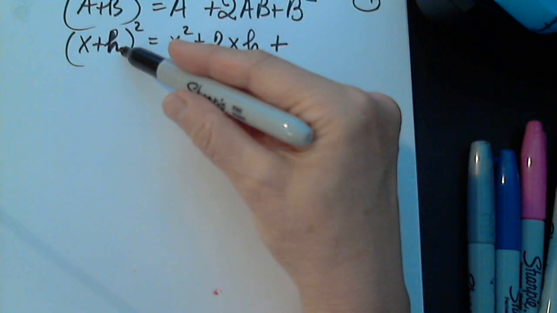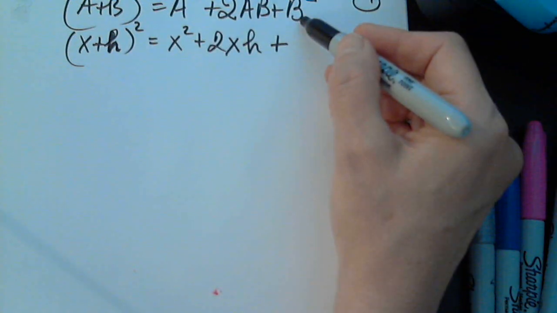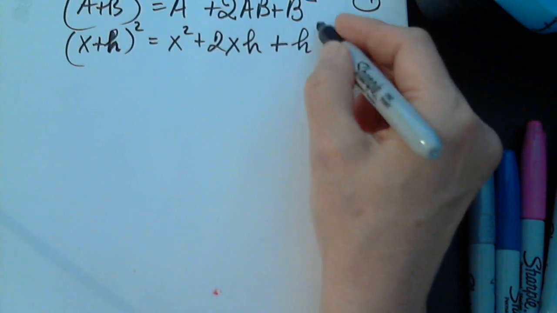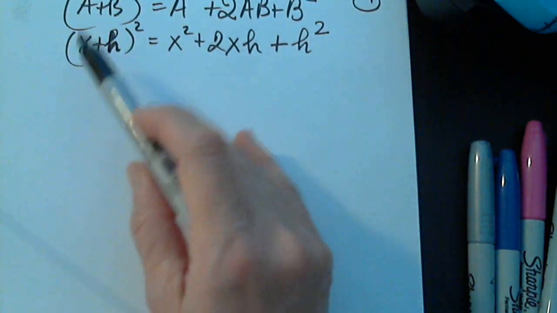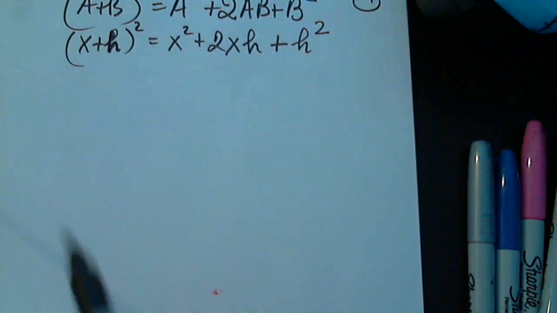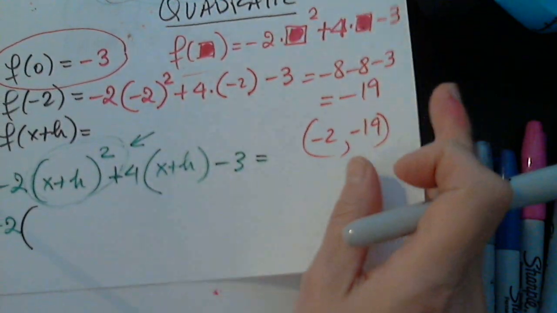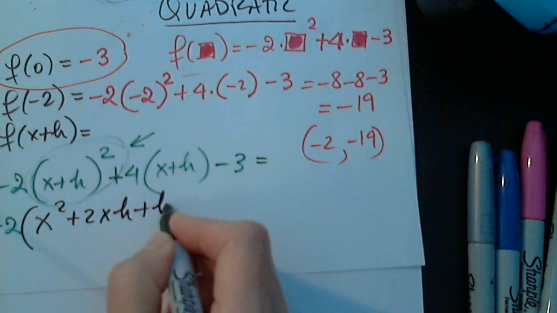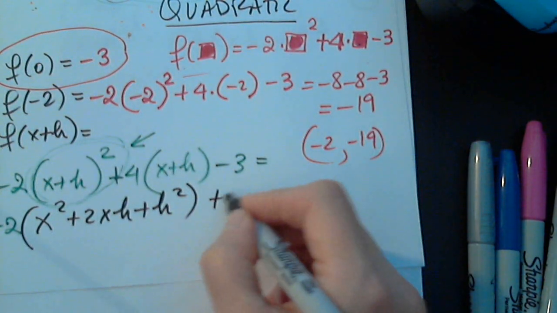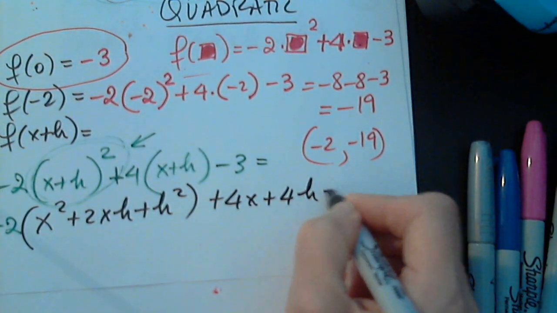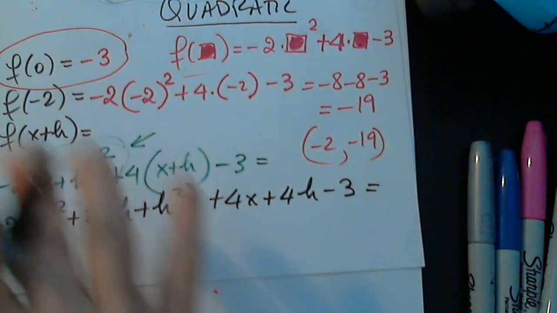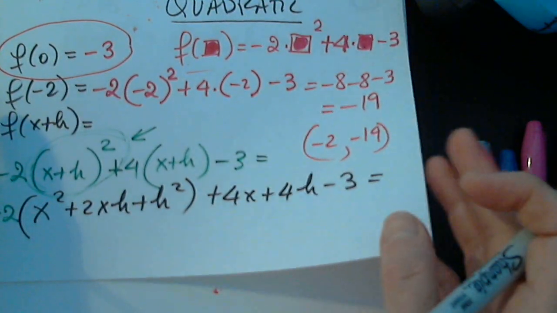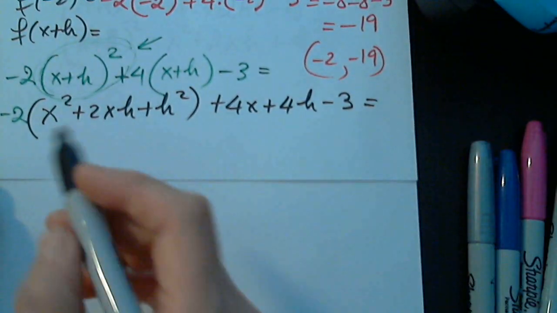Oh, xh, sorry. Plus b squared? You mean h squared. So we have a is x, b is h. Oh, h squared then. I'm sorry. That's okay. So we have x squared plus 2xh plus h squared, and now we distribute plus 4x plus 4h minus 3. Final step, because you'll see we cannot combine anything like terms.